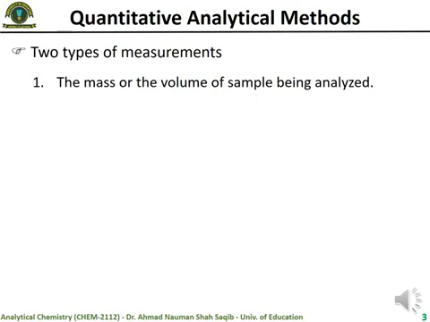The first type of measurement is the amount or the volume of sample that you are going to analyze. For example, you are taking 5 ml of a sample or 10 ml of a sample.